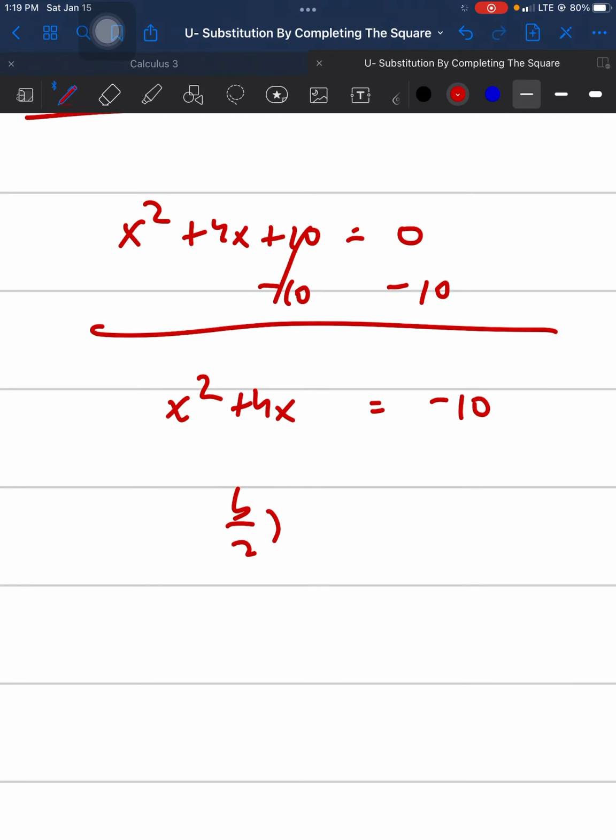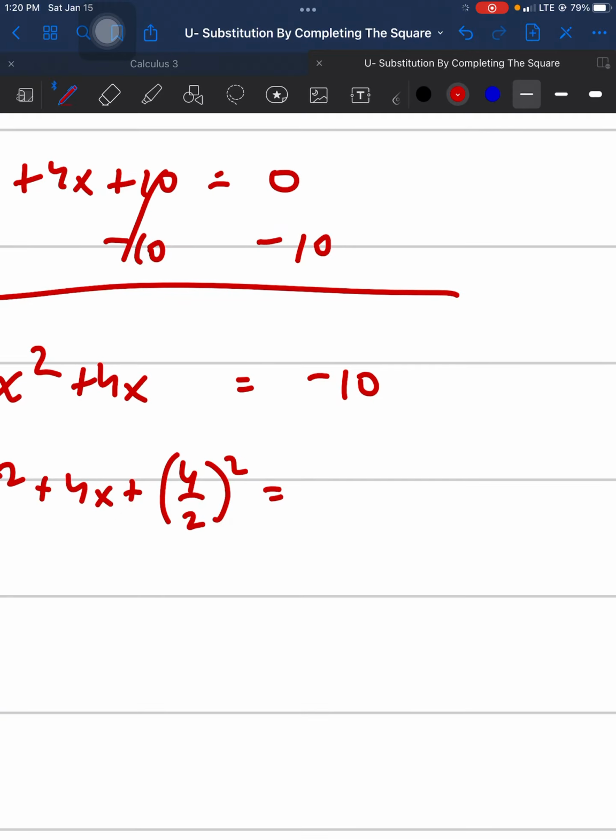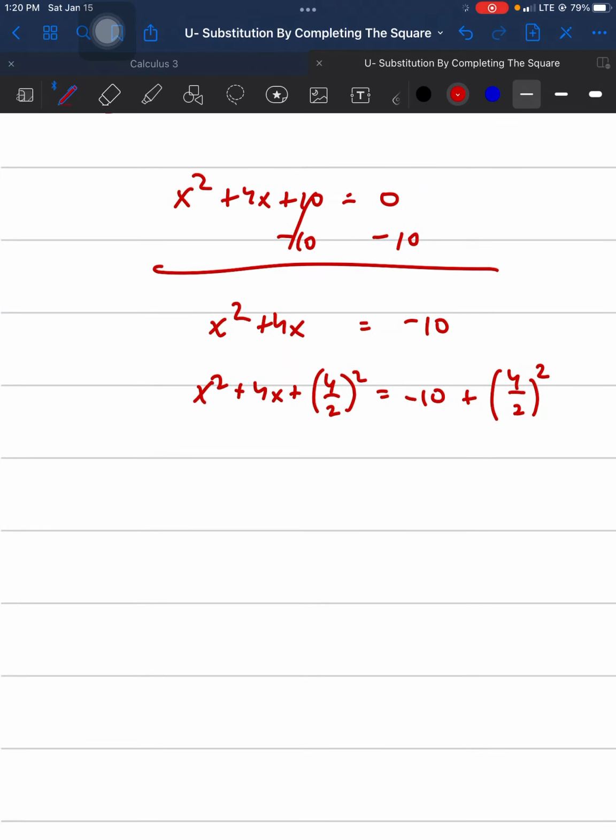Now when you complete the square, we do b over 2 squared. B in this case is 4, right? So we have x squared plus 4x plus (4 over 2) squared. And remember, we have to add this result of completing the square on both sides. So negative 10 plus (4 over 2) squared.